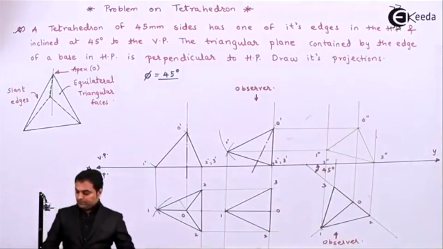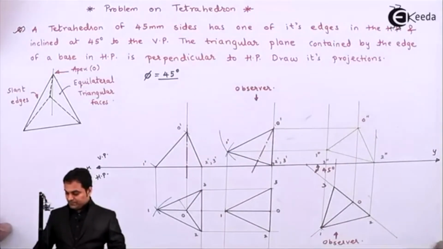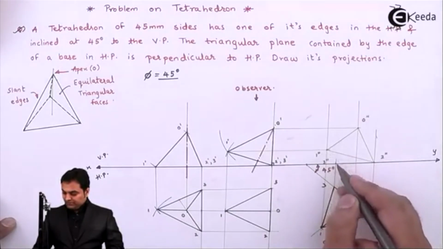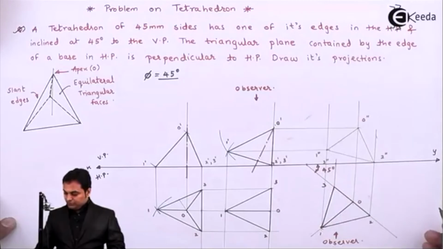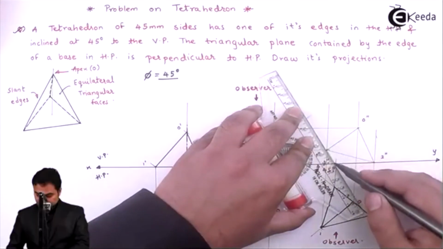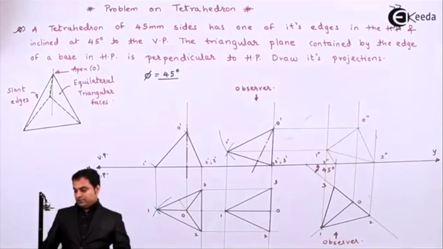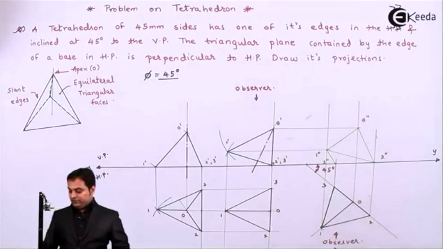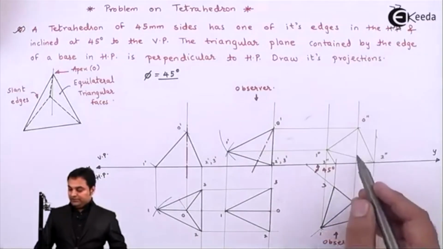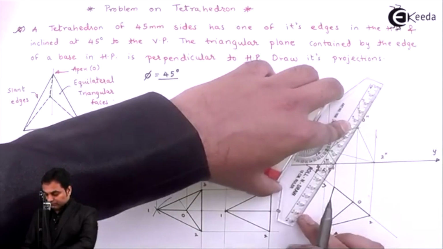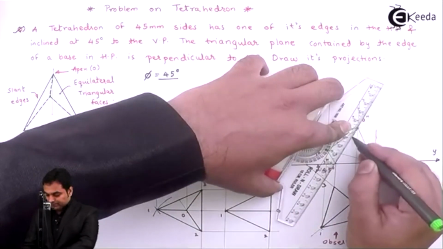After this, 1 double dash to 3 double dash will also be connected since it is an outline. Next, if we see point 3, that is far away from the observer, so this point will be hidden, so connecting O double dash and 3 double dash with the help of a dotted line.